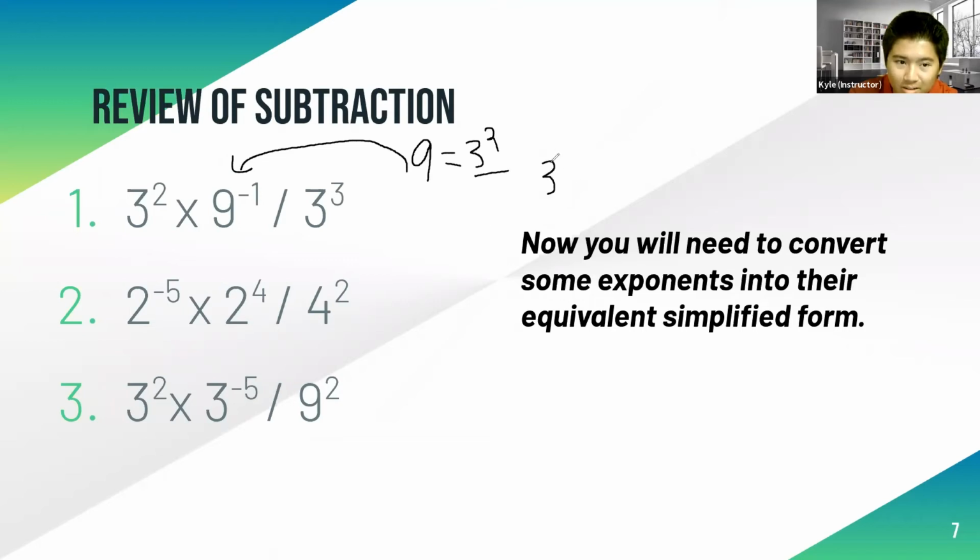So now we have 3x squared with 3 to negative 1 divided by 3 over 3. Do you remember in the video what they talked about when you have an exponent of an exponent?